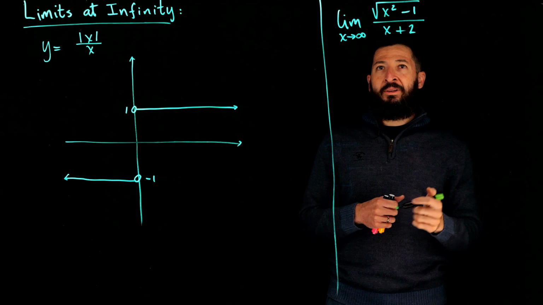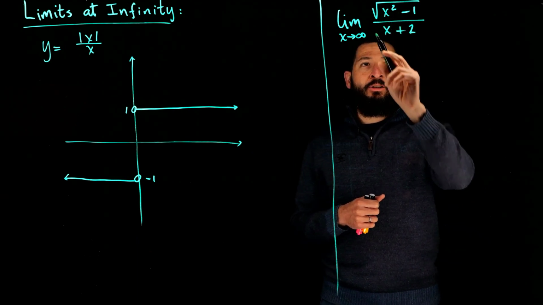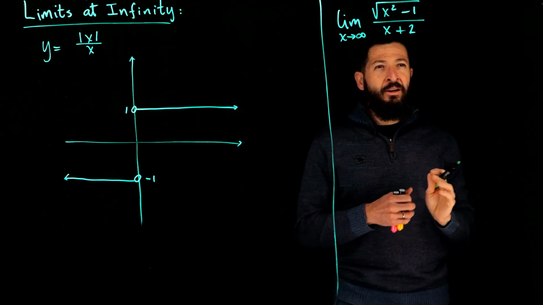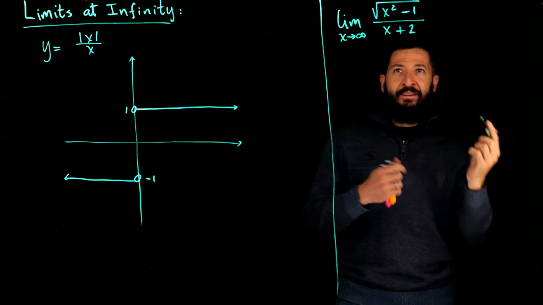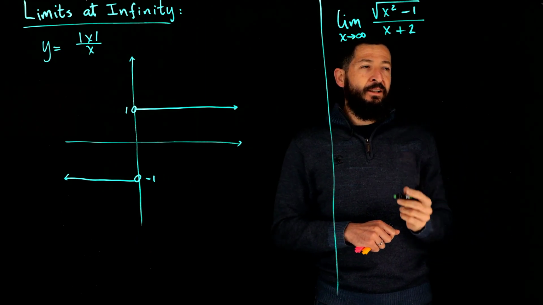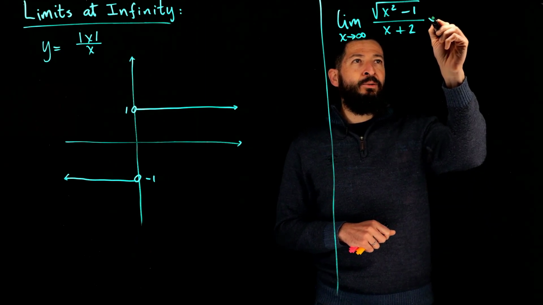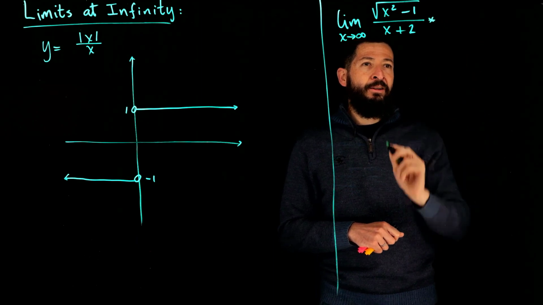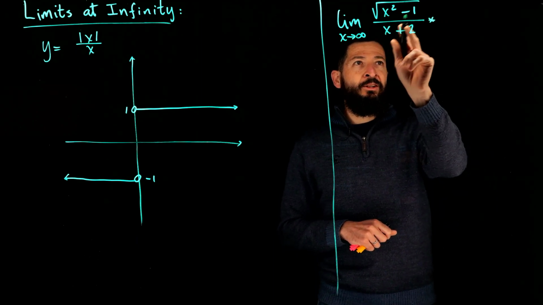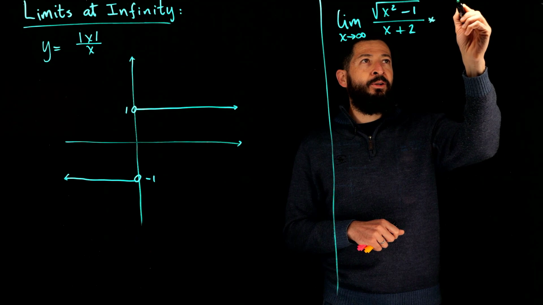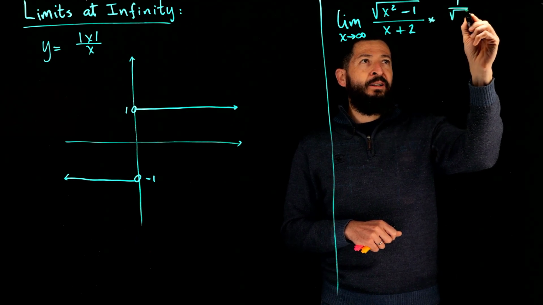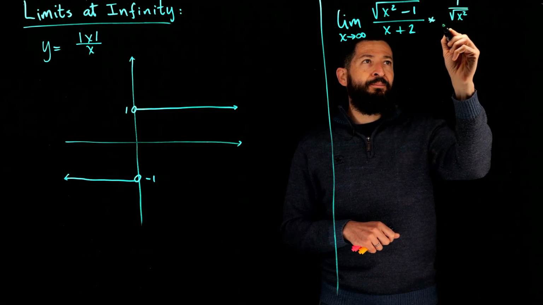Okay. So we would say this leading term, quote unquote, is of the order of magnitude of an x, and this is an x, then it would seem like I have to multiply and divide by x. But I'm not going to do that because I have the square root. What I'm going to do is multiply and divide by the square root of x squared.